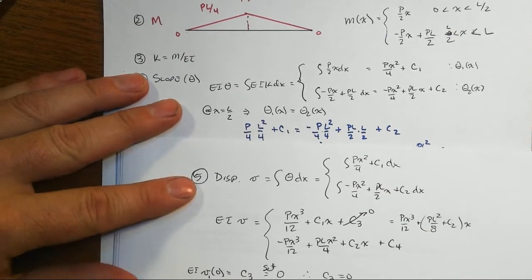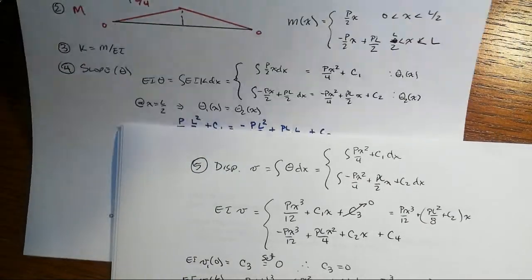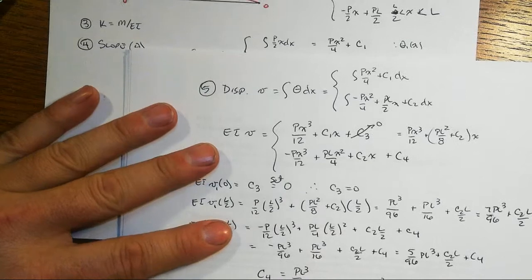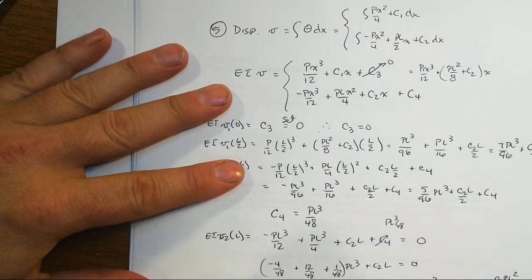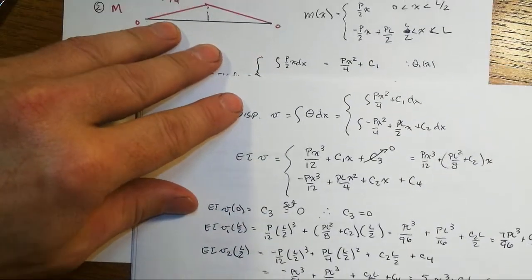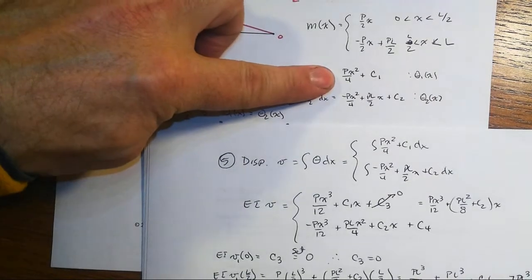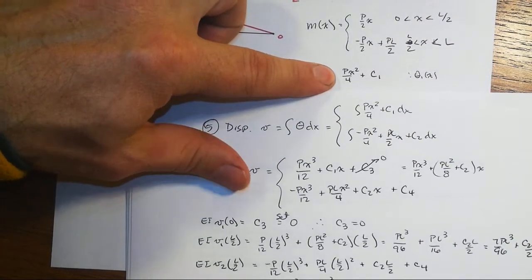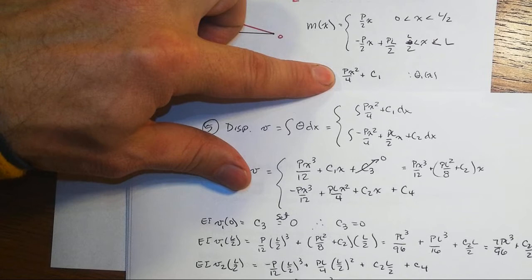So let's check it out here. Theta 1 at L over 2 is going to be, there's my expression, there it is. That was P over 4 times L squared over 4 plus C1.